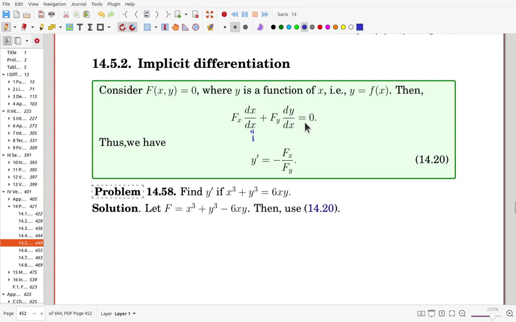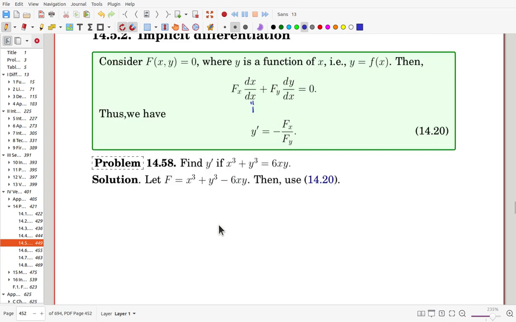Now, what we want to get is this one. So we move this one to the other side and divide by F sub y to get that formula. Okay. We want to find y prime if a function is implicitly defined in this way.